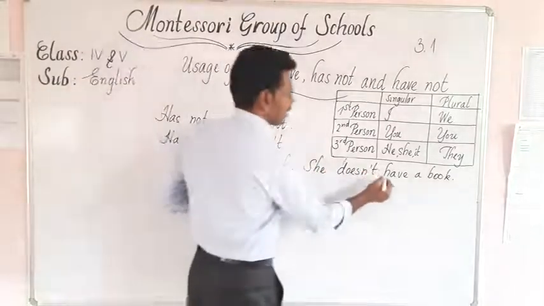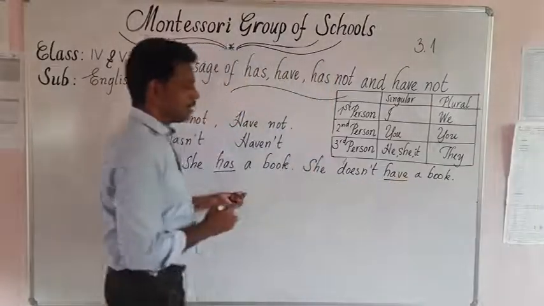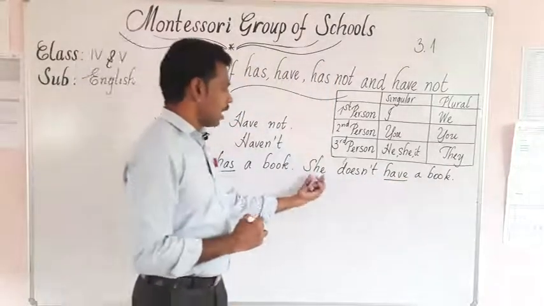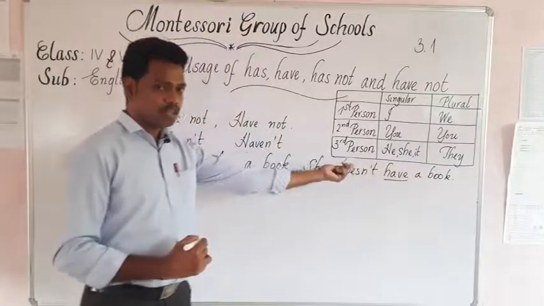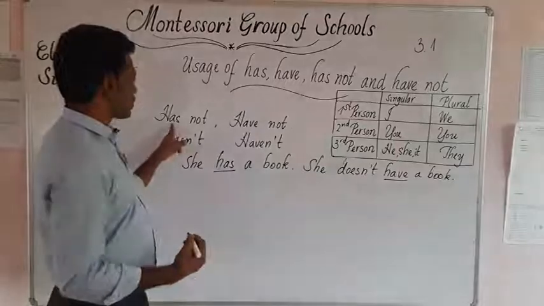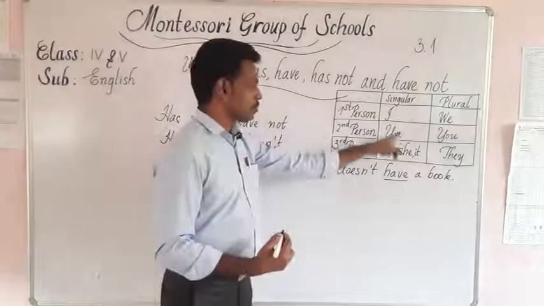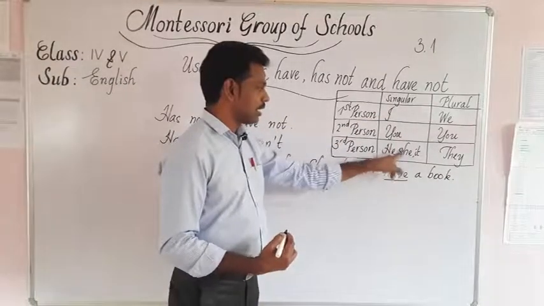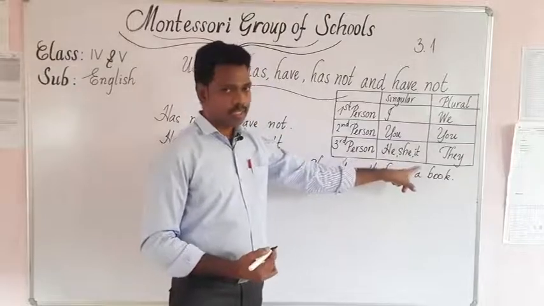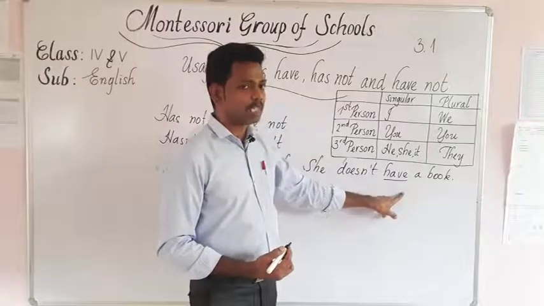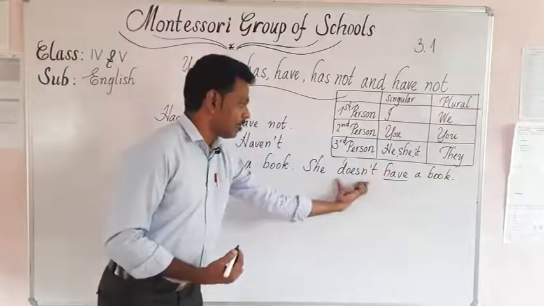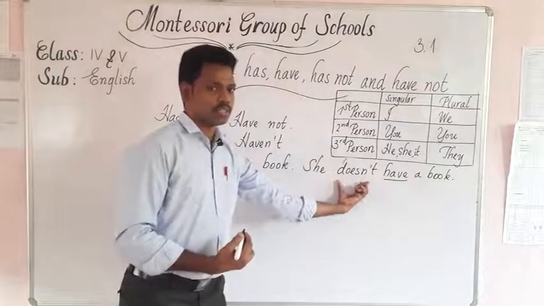So the same way here have stands for possession. Now you may doubt how could this be she doesn't have a book, because I told you we have to use has only for third person singular: she, he and it. Then how comes she have? But you have to keep in mind, before have we have does not.